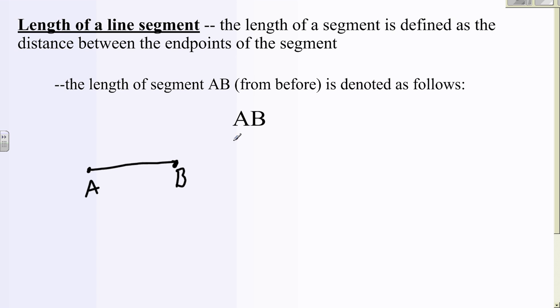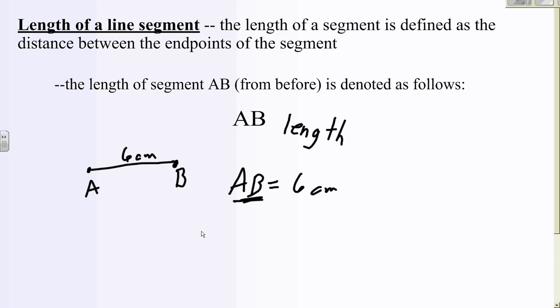When we see nothing up top, we're talking about length. So if I said this is 6 centimeters, I would say AB equals 6 centimeters. This is kind of the difference between saying, say this was your height and it was 6 feet, you wouldn't say you are equal to 6 feet. Your height is equal to 6 feet. So this is how we denote length.